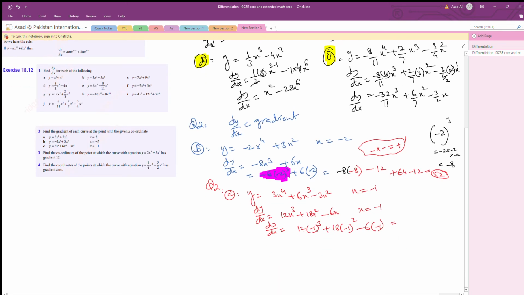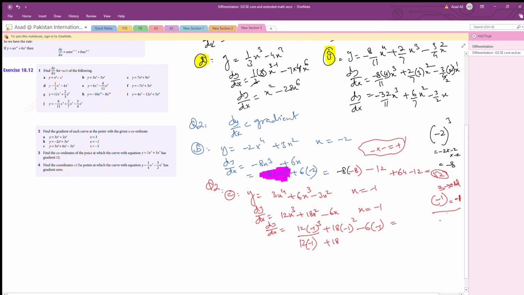Look, whenever the power is odd, 3 is odd, then the result is coming negative. So minus 1 is coming here because 1 into 1 into 1 is 1, and minus with power 3 is minus. So it's minus 12 into minus 1 the result, and 18.